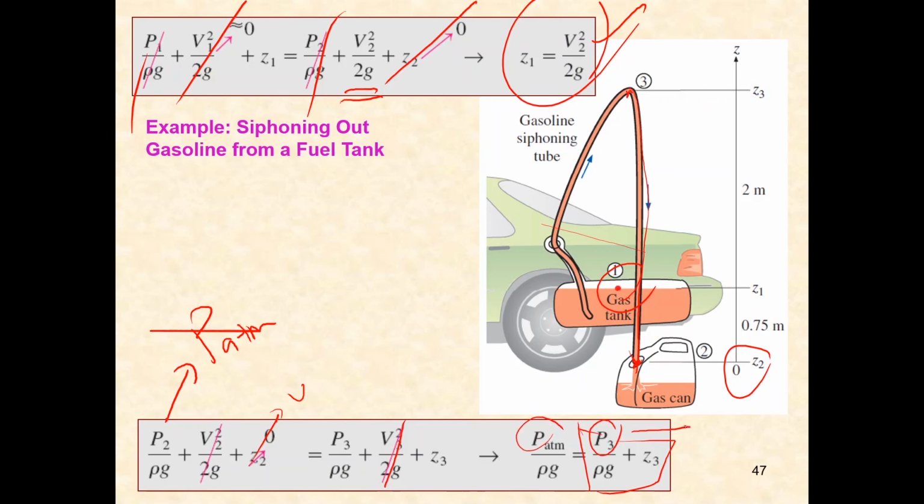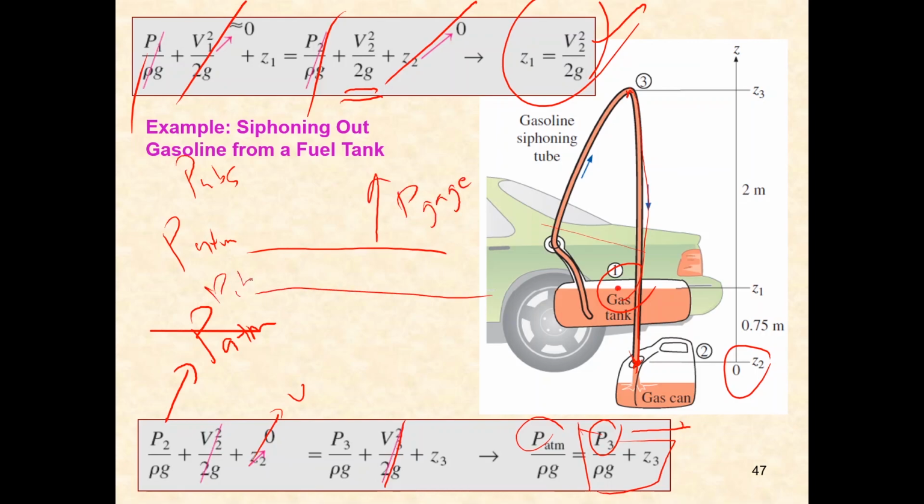So this tells you that P3 here, since it is lower than atmospheric pressure, is vacuum. Okay, if you remember, when you have absolute pressure and atmospheric pressure, if your absolute pressure is higher than atmospheric pressure, the difference is P gauge. But if your absolute pressure is lower than atmospheric pressure, this is P vacuum. So P3 here is vacuum because it is lower than atmospheric pressure.